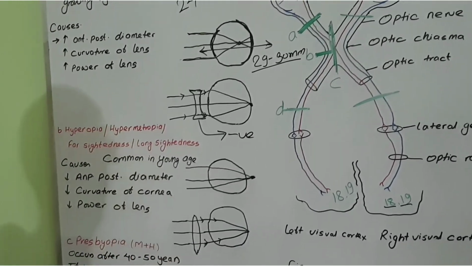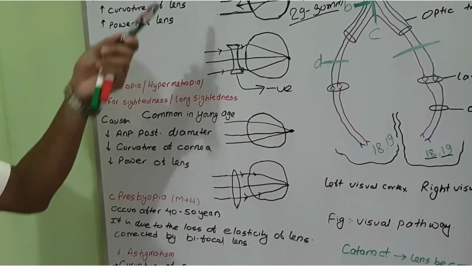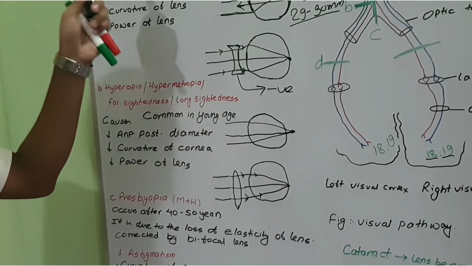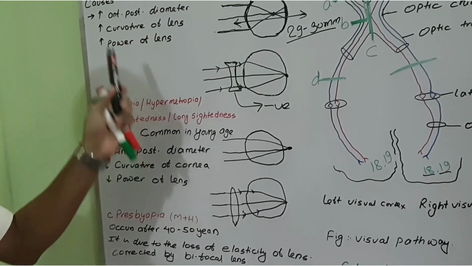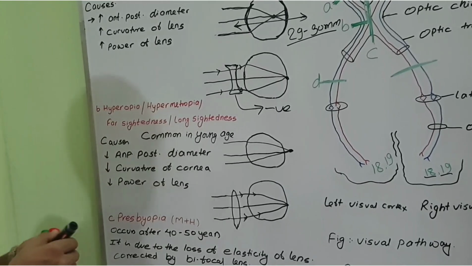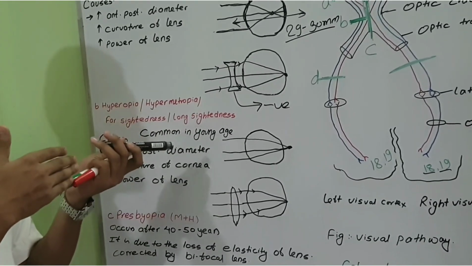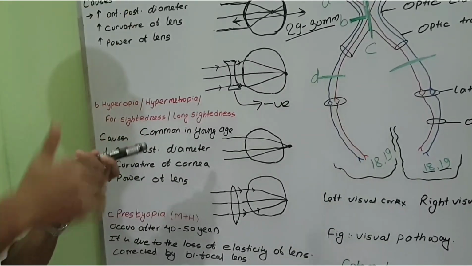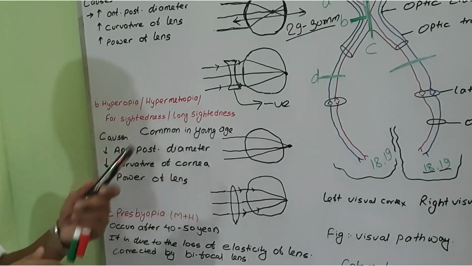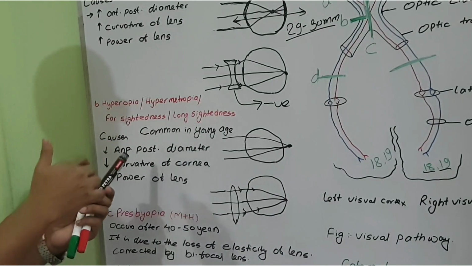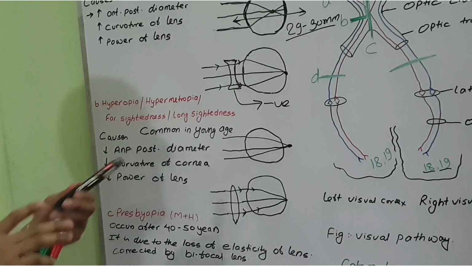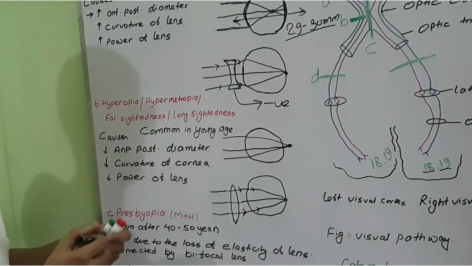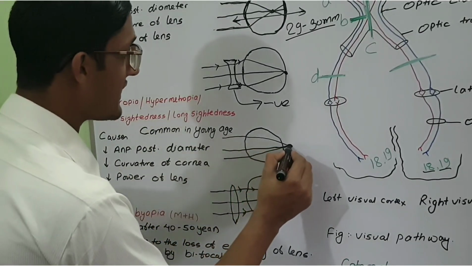In hypermetropia, it is just opposite to myopia. Remember, if you remember myopia, then it will be easy for hypermetropia. In myopia, the person can see the near object clearly but cannot see the far object clearly, but in hypermetropia, the person can see the far object clearly but cannot see the near object clearly, because the focus occurs behind the retina.